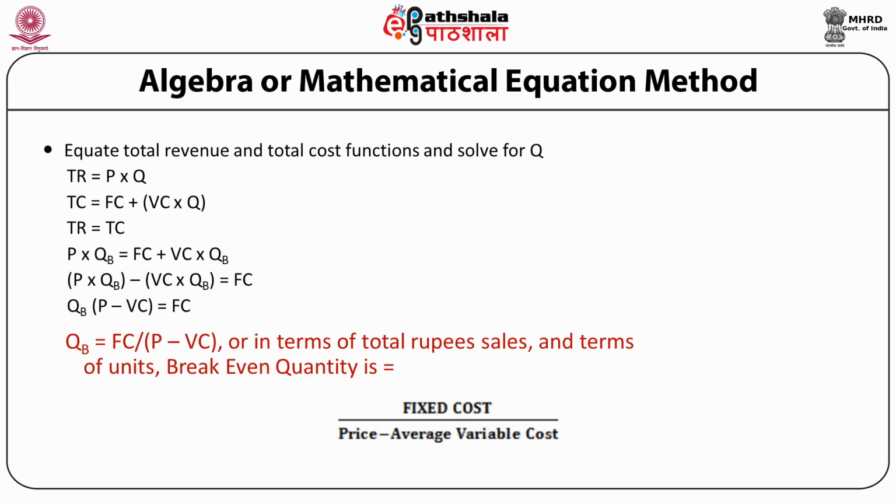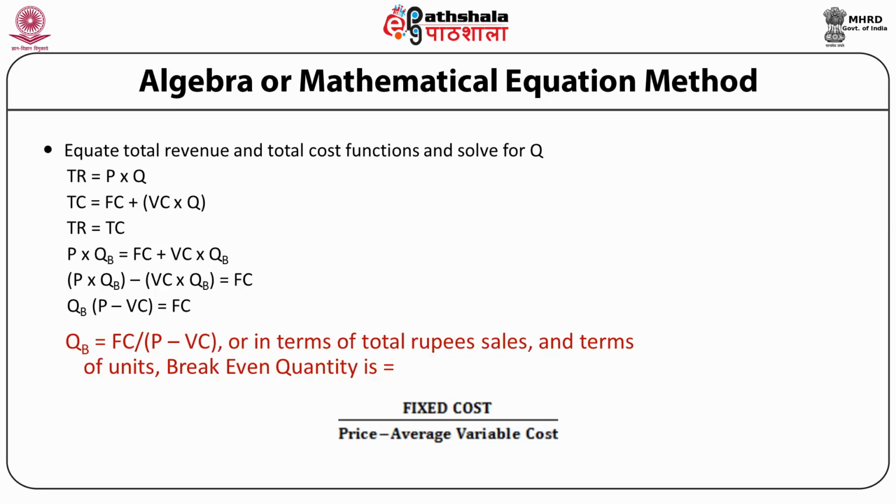In this method, we calculate the break-even point by solving equations. As we know, total revenue is equal to total output multiplied by price per unit of output. That means it is equal to Q into P, where P stands for the price of the commodity.